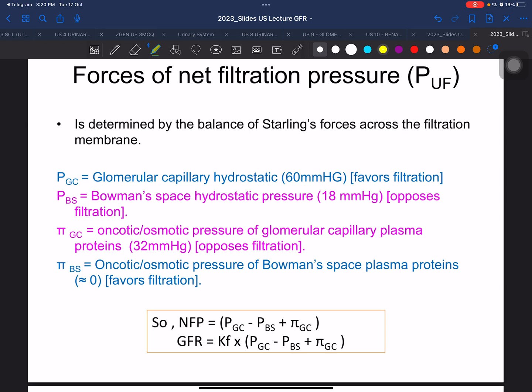The rest have values. So net filtration pressure is based on the Starling forces: PGC minus PBS minus pi GC. GFR, as we know, is the ultrafiltration coefficient times this net filtration pressure.